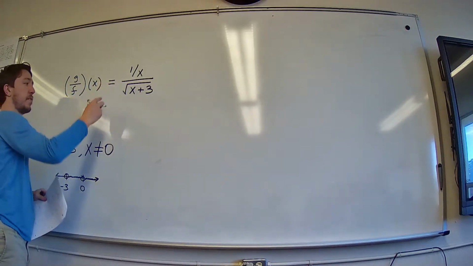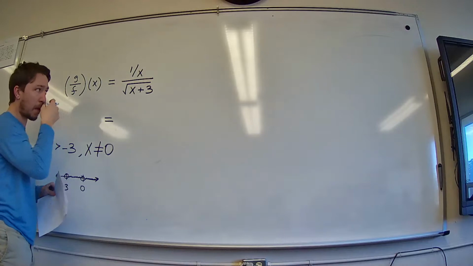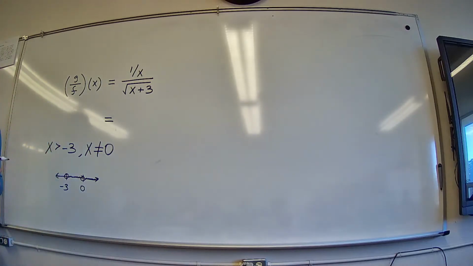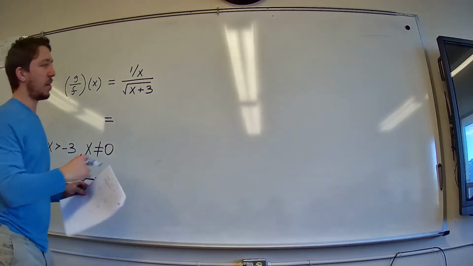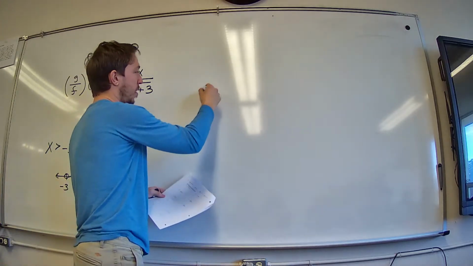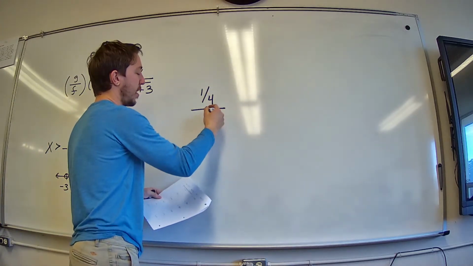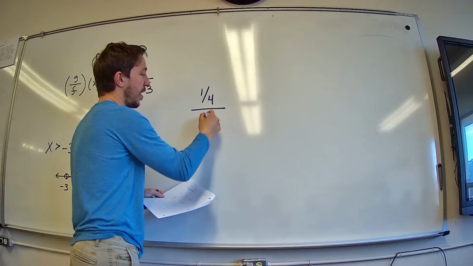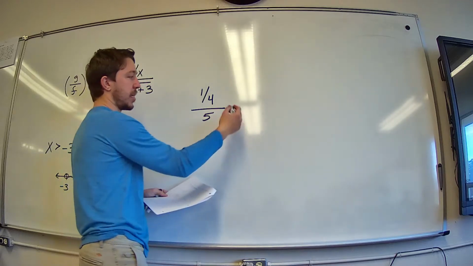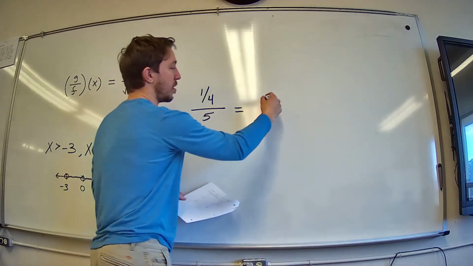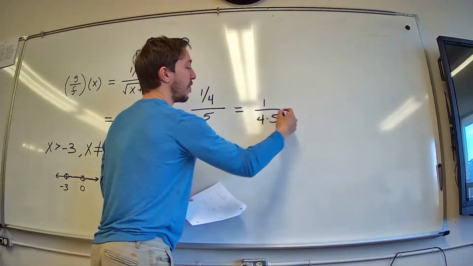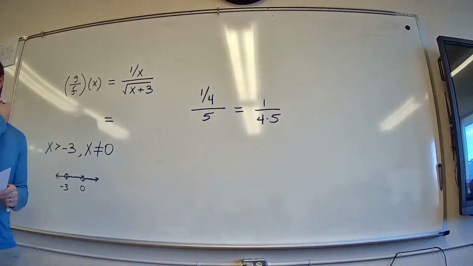Now, can I write this a little bit different, a little bit nicer? Oh, we can. So here's an example. If I had 1/4 divided by 5, what's that the same as? 1/20th, or 1 over 4 times 5, right?